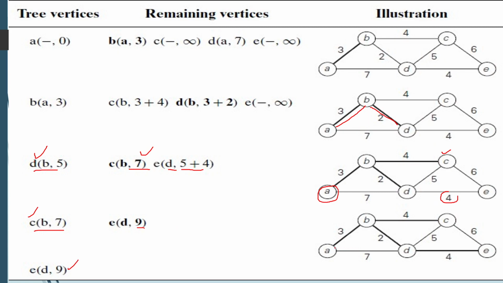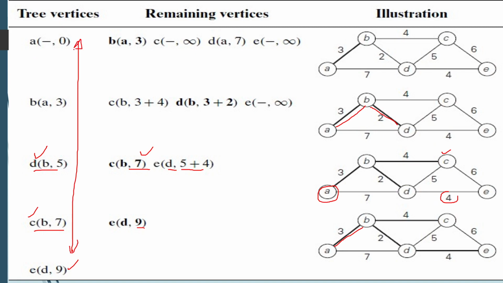Now after completion of this step, let's see what paths you got and what the distances are. Now A is source and B is the destination. Path weight is 3. And A to C is 7, A to D is 5, and A to E is 9 here. This is the solution you got, and that one you got in the first column.